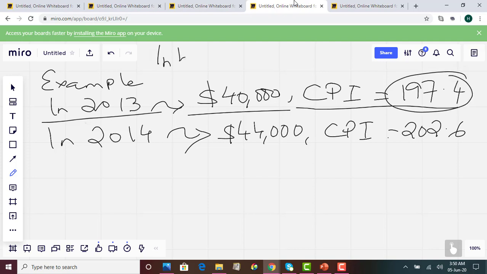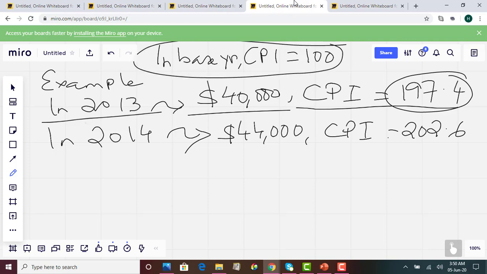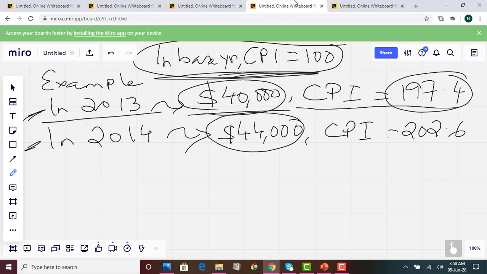In the base year, CPI will always be equal to 100, and then it starts going up over the years when prices change. Based on that information we can tell 2013 is not the base year, and 2014 is also not the base year, so we have to adjust both these incomes for inflation.